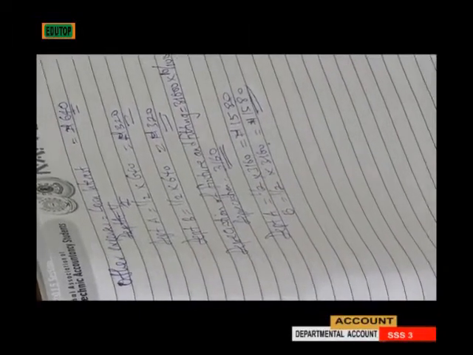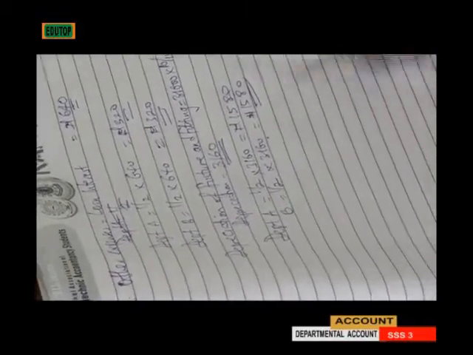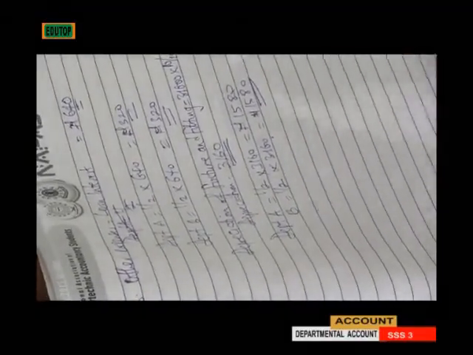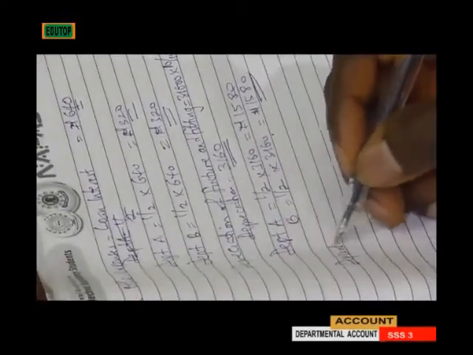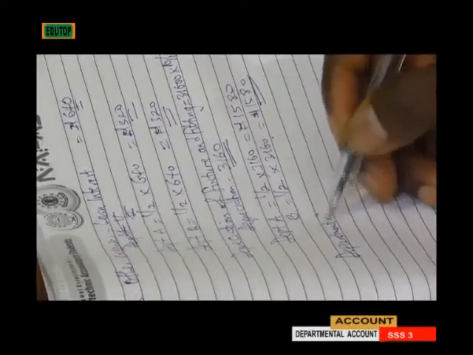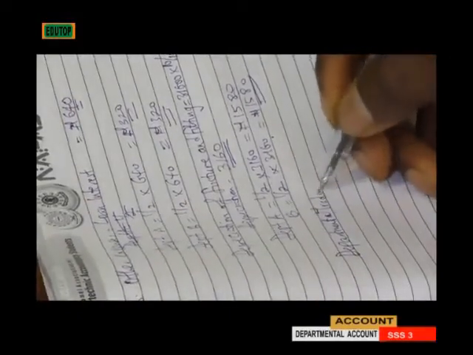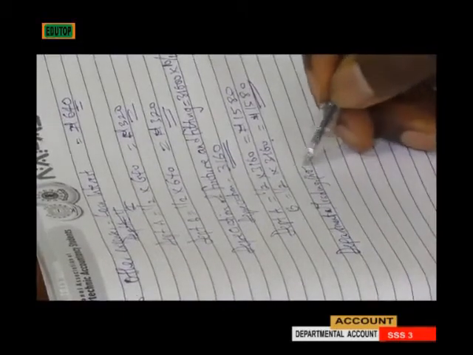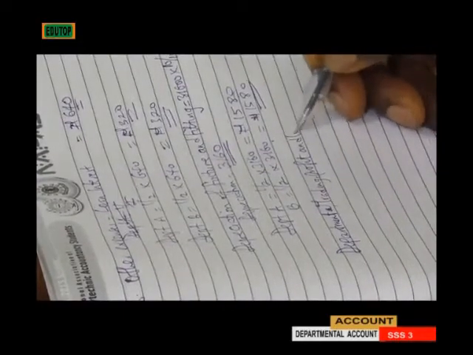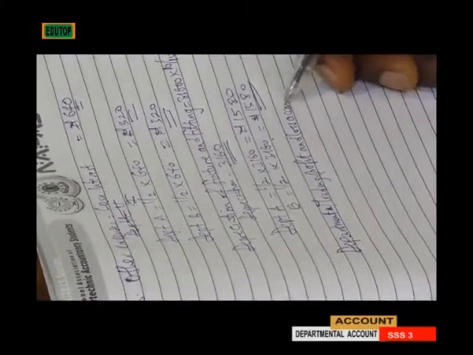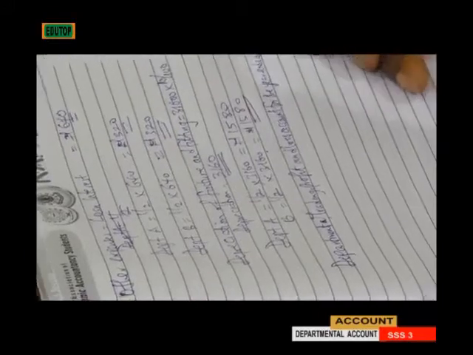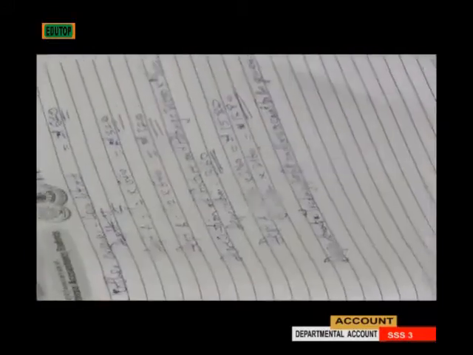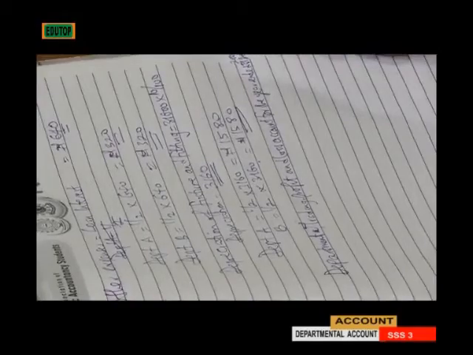Now let's rewrite the departmental trading profit and loss account for the year ended 31st December 2000.